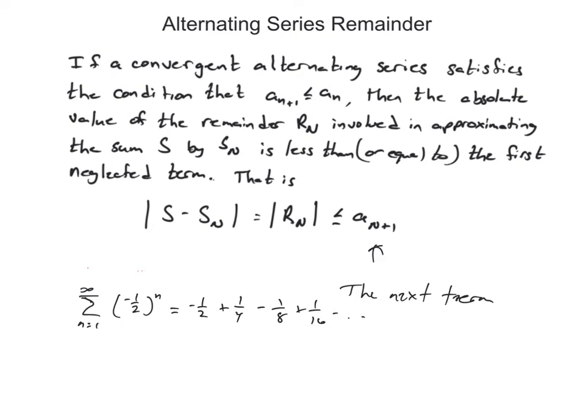In this case, S sub 3 is going to be -1/2 plus 1/4 minus 1/8, and when I do that, that's going to be negative 3/8.